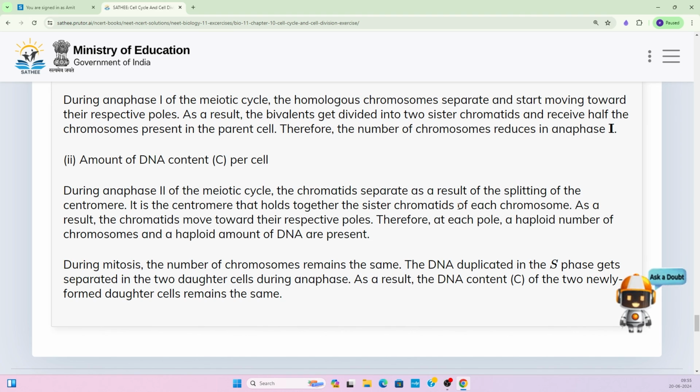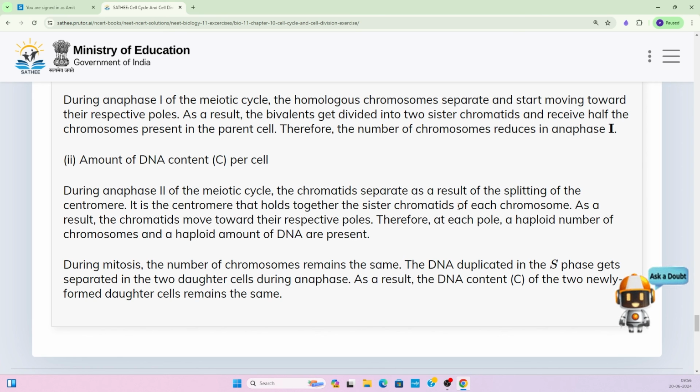As a result, the chromatids move towards their respective poles, and therefore at each pole a haploid number of chromosomes and a haploid amount of DNA are present. Half means half the chromosomes are present.